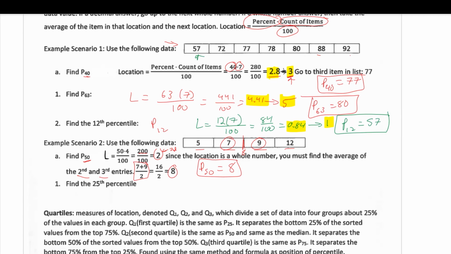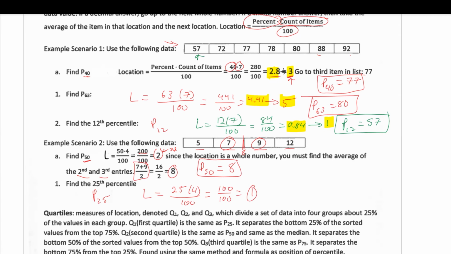Okay, let's try this next one. The 25th percentile. We're trying to look for P25. Let's find the location of that. Well, it's going to be 25 times 4. There's 4 values divided by 100. Well, that's going to be 100 divided by 100, which is just 1.